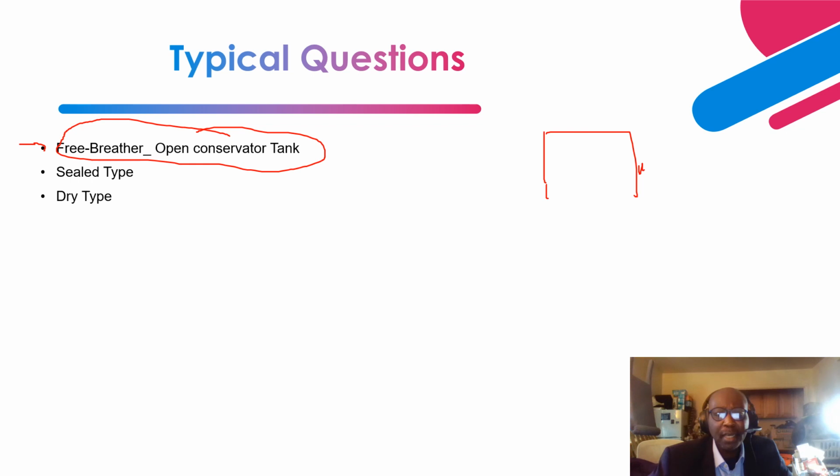So this is the main tank, right? Then you have the conservator tank on top, right? And from the conservator tank you have a downcomer piping that comes to the top of the main tank, right? Inside the conservator tank you have oil, right? Then on top of it you have a bladder, right?